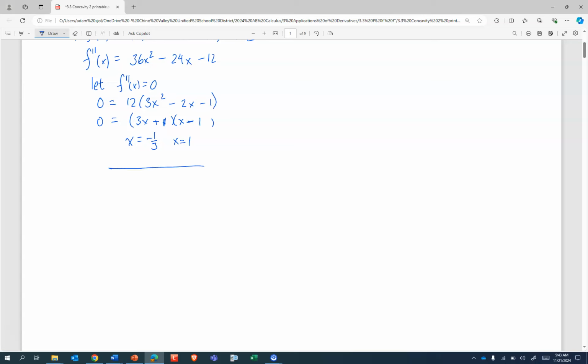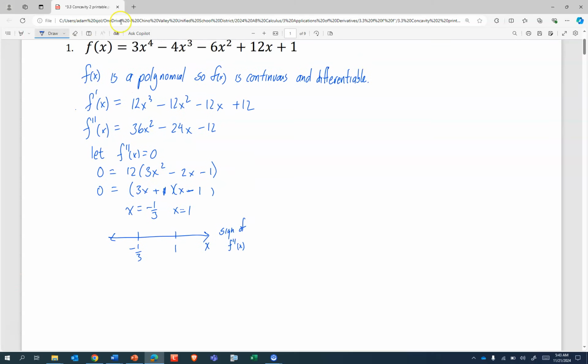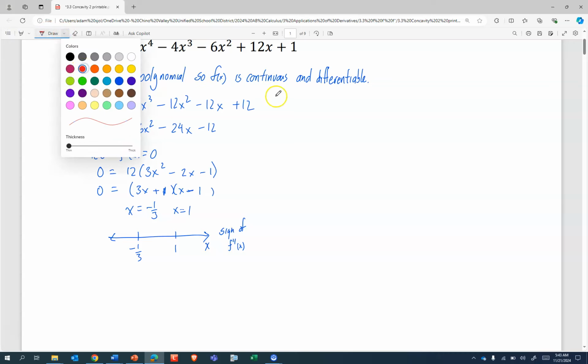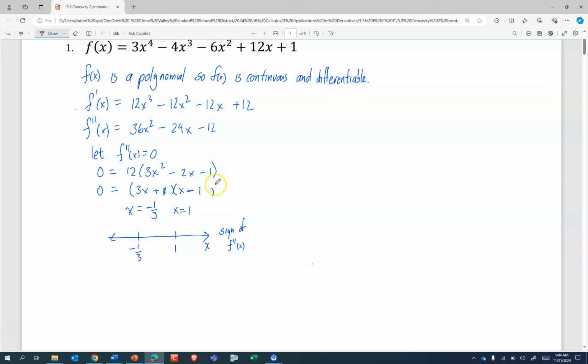So we need a sign chart. This is the sign of f double prime of x. Negative 1/3, 1, these inputs are x's. We could be fun and change colors. Alright, so when I choose a number larger than 1, like 10, 3 times 10 plus 1 is positive, 10 minus 1 is positive, positive times a positive, f is concave up for x values greater than 1.